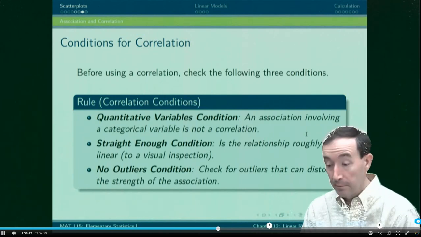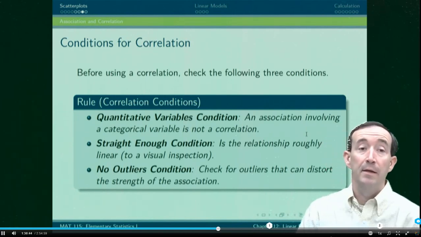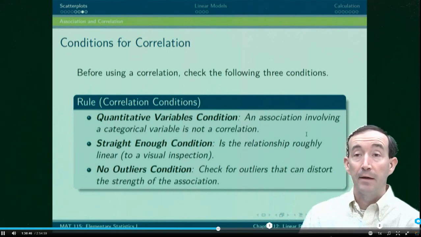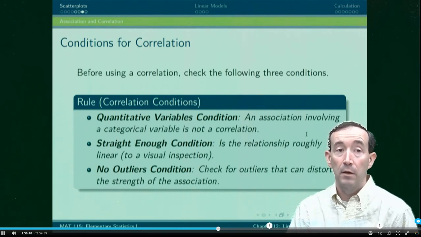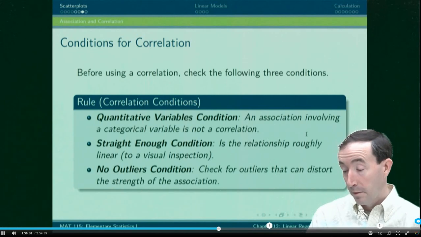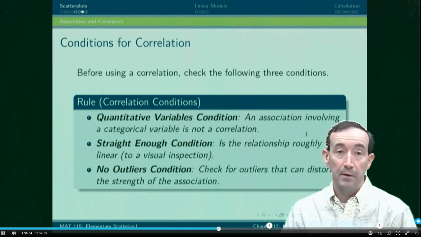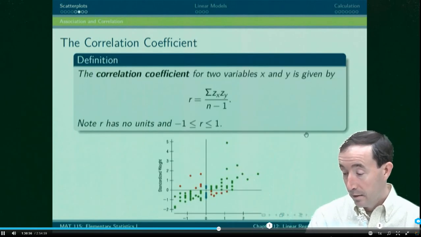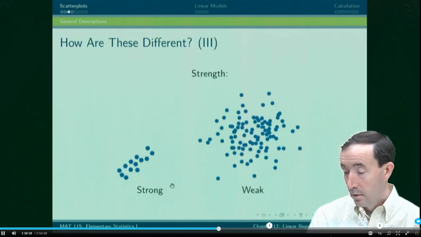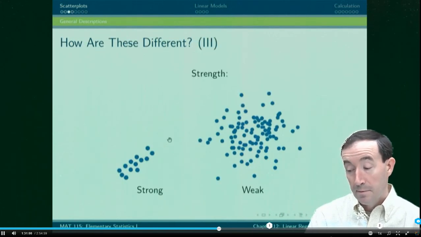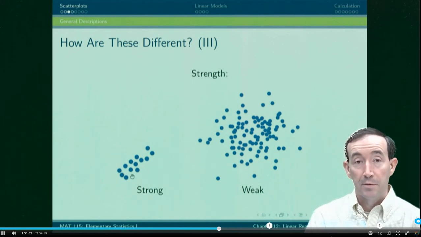I also want to visually inspect to see, does it seem like I have a roughly linear relationship? I call this a straight enough condition. Essentially, do I see what looks like a linear relationship here? If I were to go back to this one, this pretty clearly tells me that I do want to use a correlation coefficient.